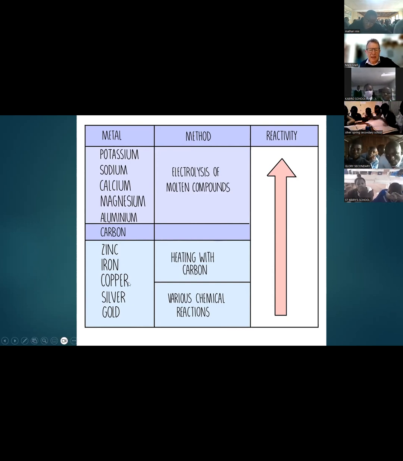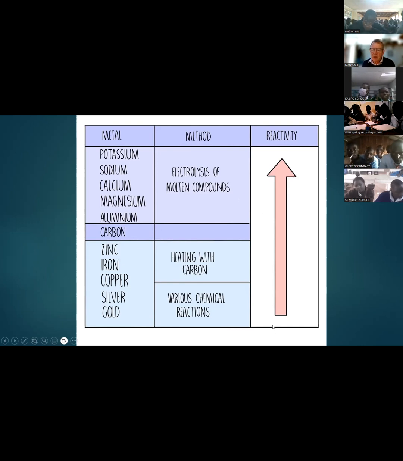The ones underneath are less reactive than carbon, and so their ores can be heated with carbon. Okay, so potassium, sodium, calcium, magnesium, aluminium. Carbon goes in, it's not a metal. Zinc, iron, hydrogen should be in here. Copper, silver, and gold. There are many, many other metals, but these are the most important ones.